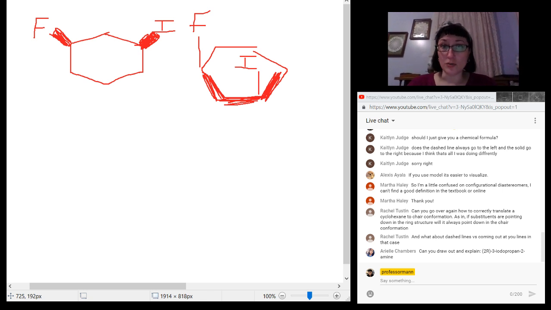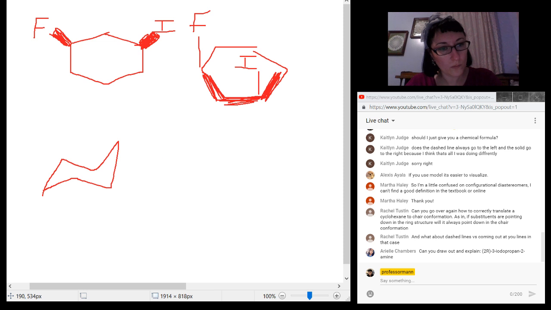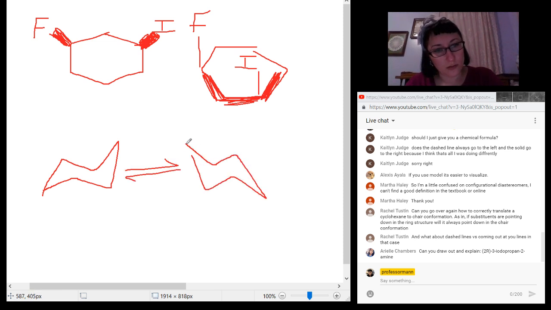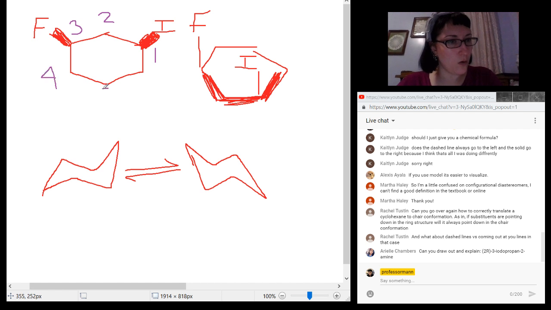We can also show it using chair conformations. Okay, so if I draw 2 chairs here, I can number these however you want. Actually, let's do it the way we would number it for naming. So 1, 2, 3, 4, 5, 6.